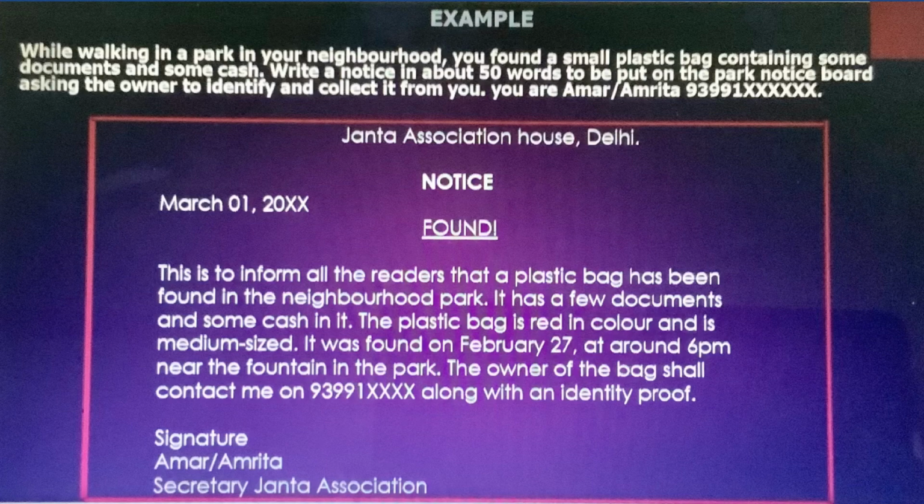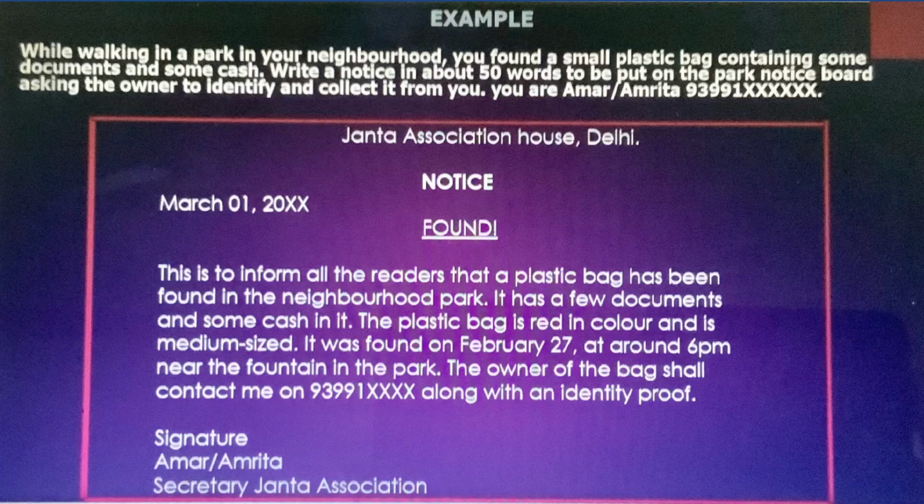Now here, if you see, it is not an event. So I'm not mentioning date, time, place in a sequence. But yes, I have mentioned the date and the time when this item was found. So that is what is to be mentioned. Coming to the closing part, I have the signature, the name of the person.